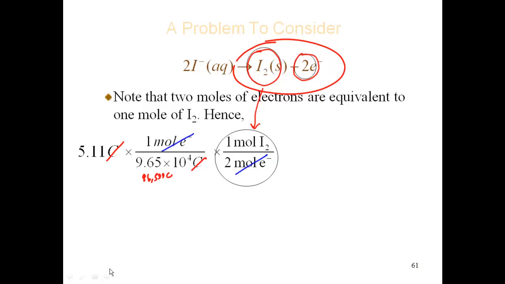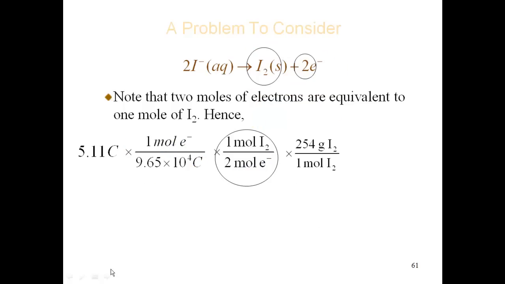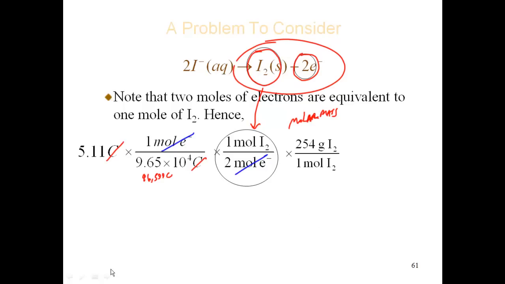That's for the 5.11 coulombs. But I want mass. How do we go from moles to mass? Well, that's through molar mass. It goes back to a Gen Chem 1 process. Molar mass: there's 254 grams of I2 for every 1 mole of I2. And I put it this way because I want the moles of I2 to cancel.